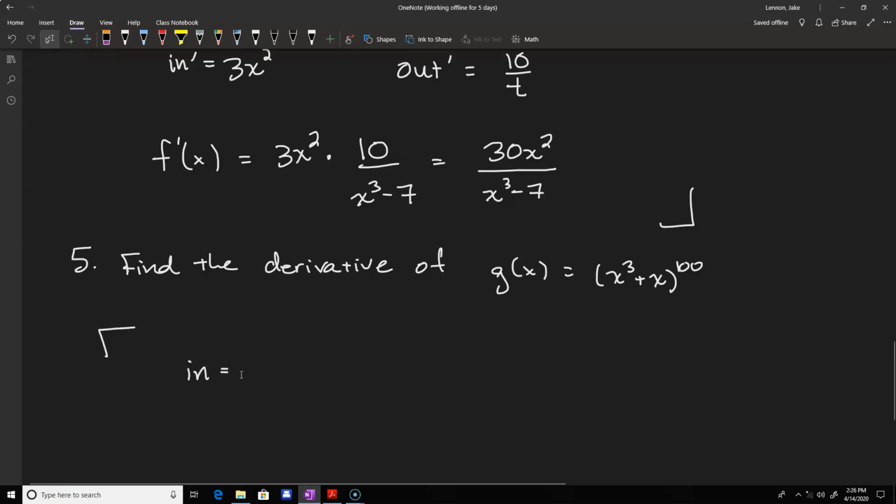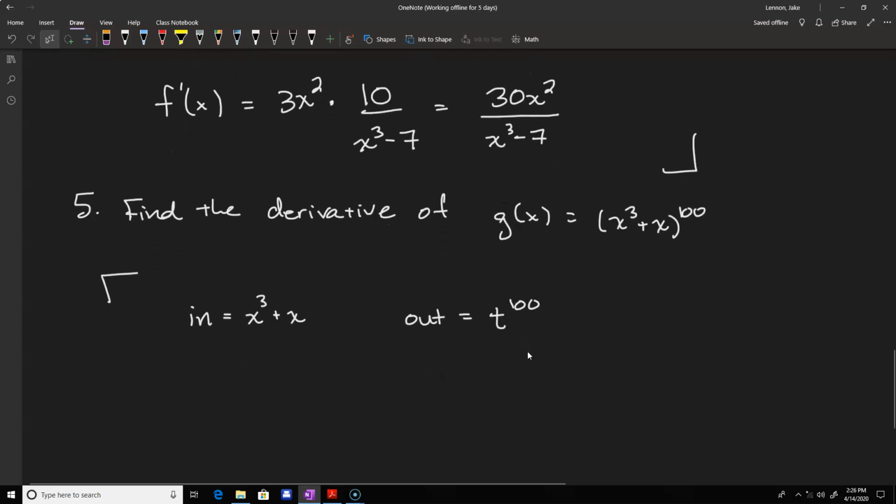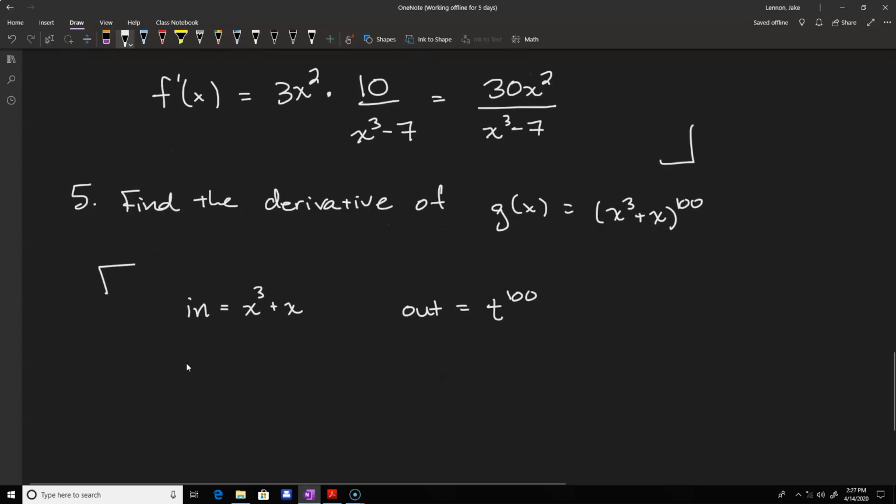We have the inside function as x cubed plus x, and we can get our outside function by just replacing that with t. So we would get t to the 100th power. And then we take our derivatives just using the normal rules. So the derivative of the inside would be 3x squared plus 1, and the derivative of the outside would be 100t to the 99.